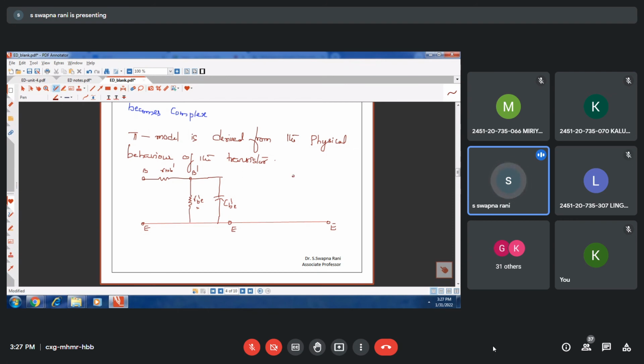And suppose if I take this as the collector, the collector base junction is reverse biased.